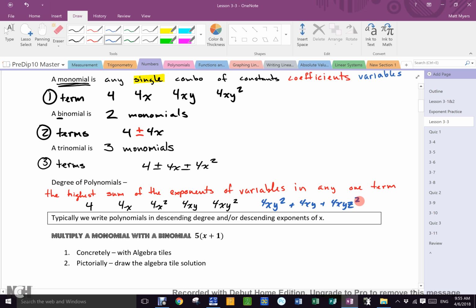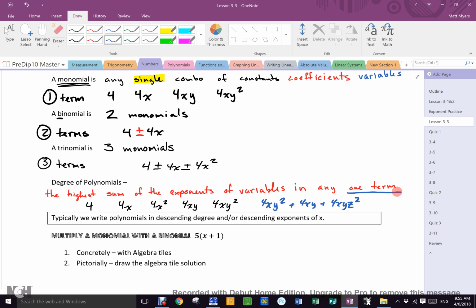Read the red definition. Highest sum of exponents of variables in any one term. One term: 1, 2, 3, 4. It's 4. It is 4. Okay?